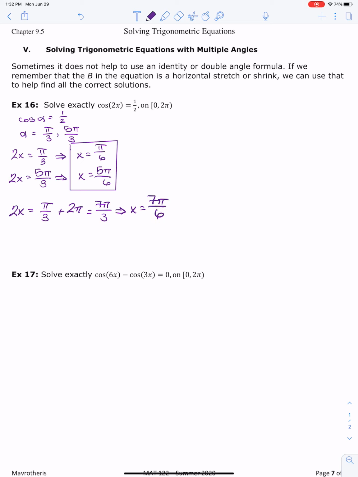And you know what? That is an angle that falls between 0 and 2 pi. So I know that if I multiply that by 2, I get 7 pi over 3, which is coterminal with pi over 3. So 7 pi over 3 actually works.